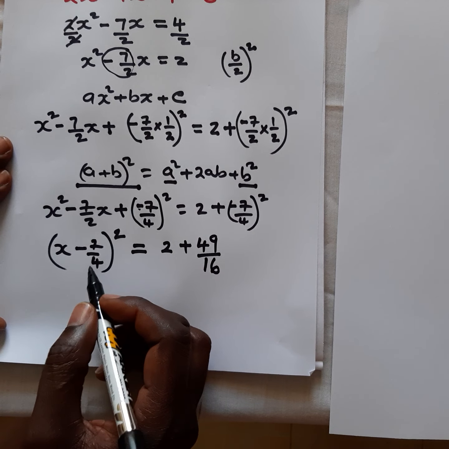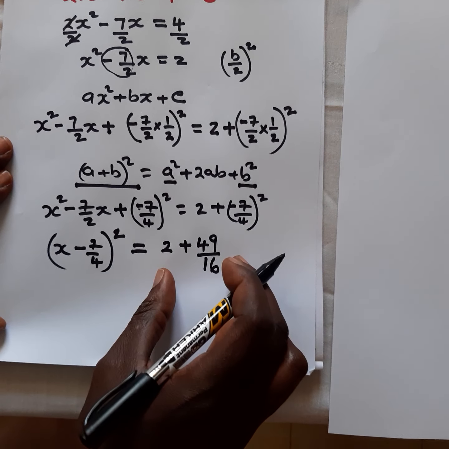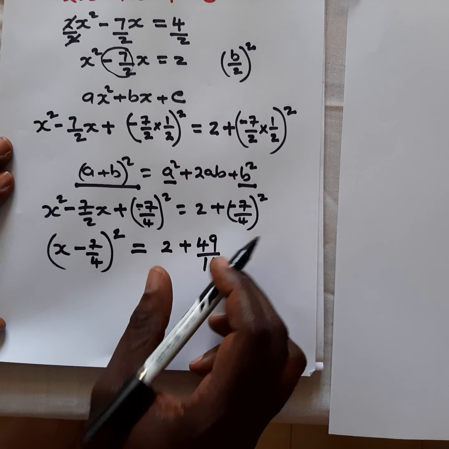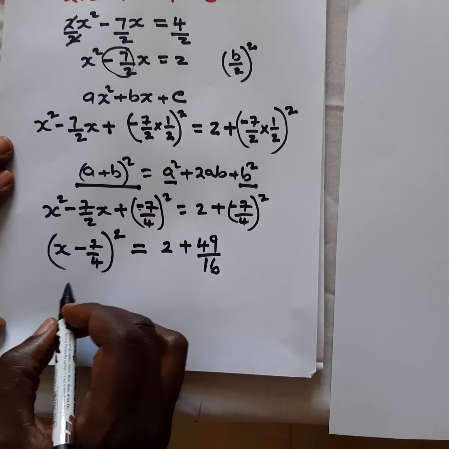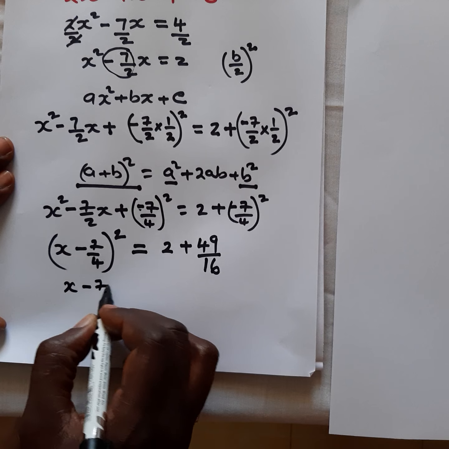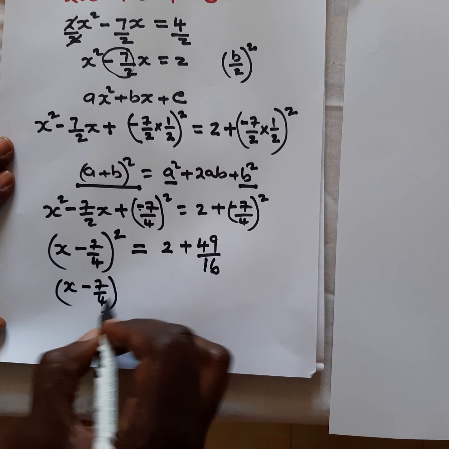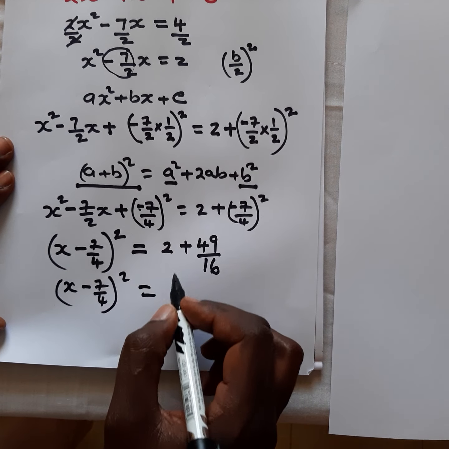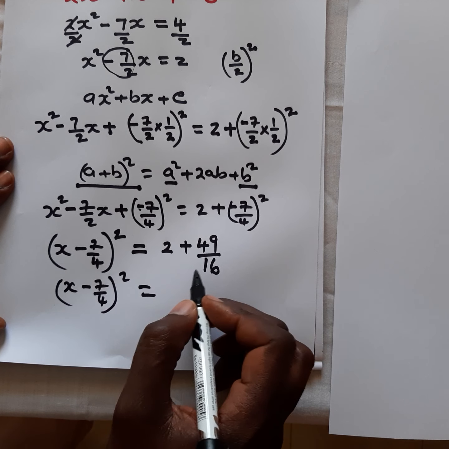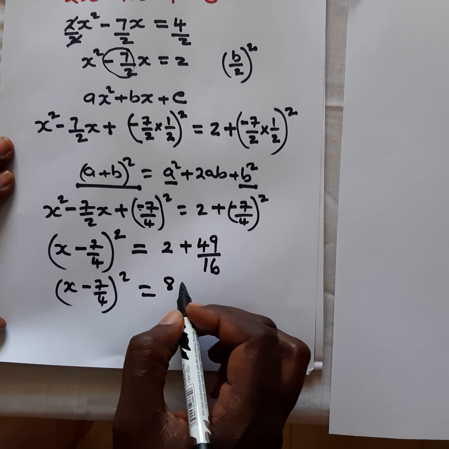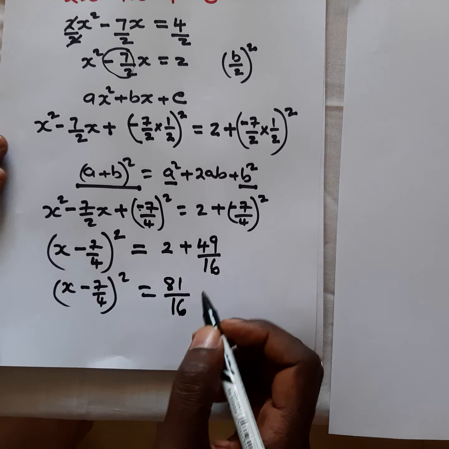Then we can write this in another way: x minus 7 over 4, squared, equals, if we work out the LCM, which is 16, you will get 81 over 16.